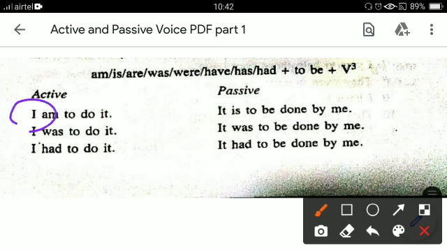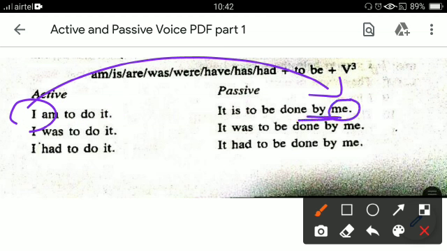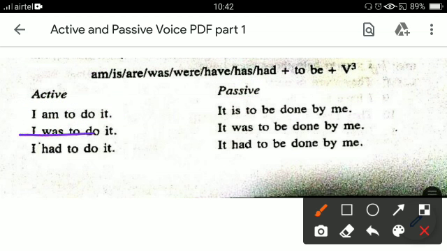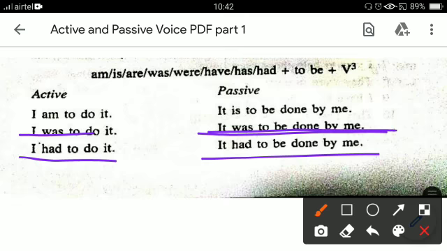Then you see I is taken at the end after by, so I becomes me. I is the subject here and it becomes the object of passive voice. So it's very simple. I was to do it, it was to be done by me. I had to do it, it had to be done by me.